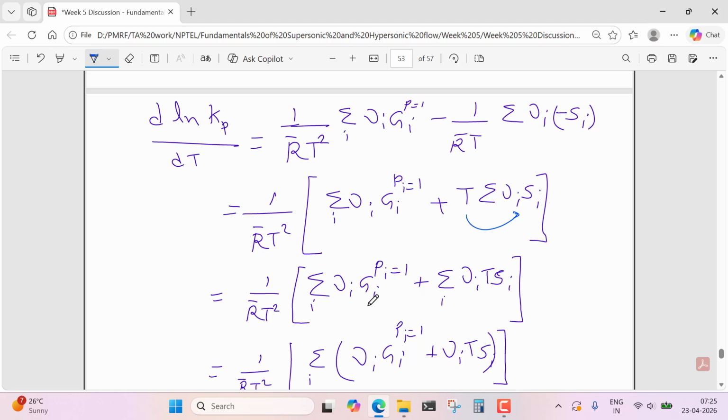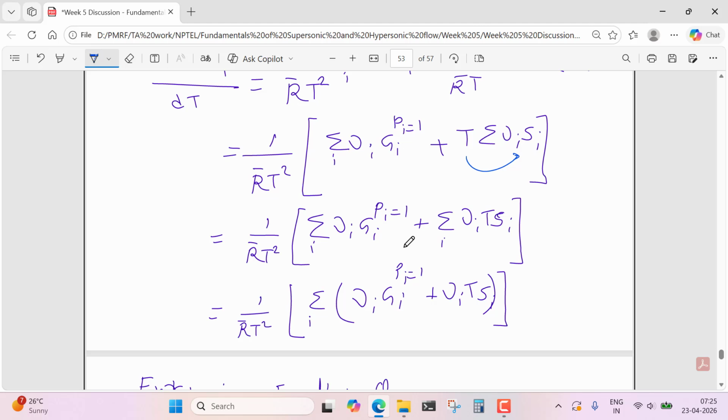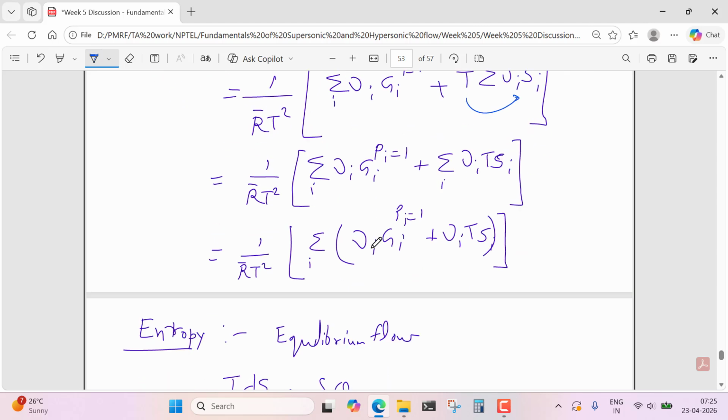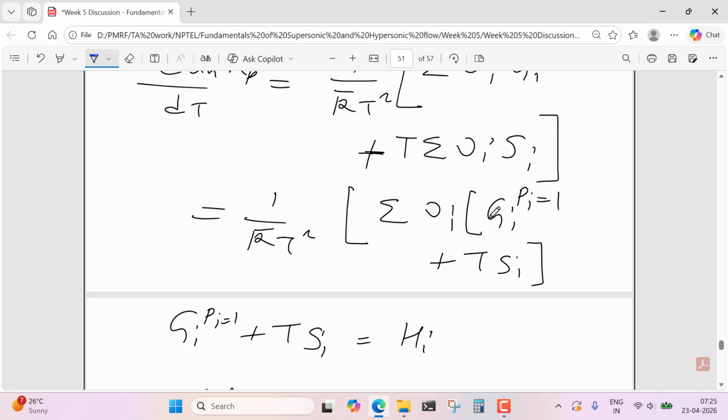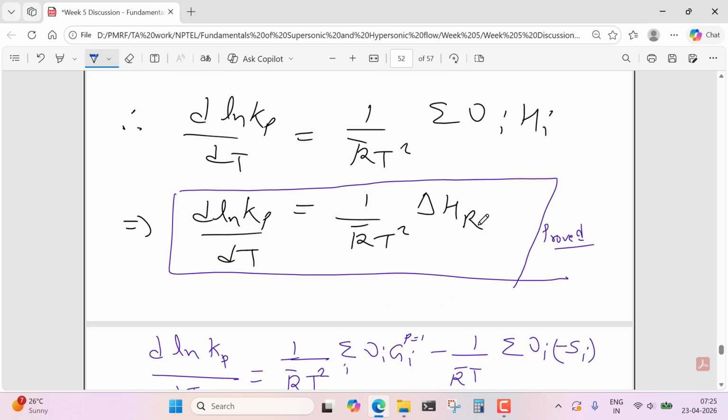Now if both are in summation with the same limit, we can write 1 upon R bar T square sigma nu i bracket Gi at Pi equal to 1 plus T Si. Then you can see that here we have taken this nu i common and we got this derivation.